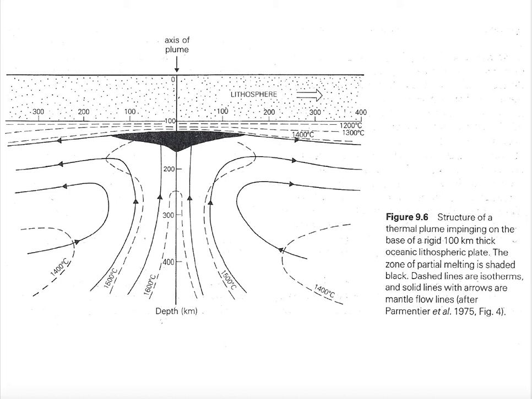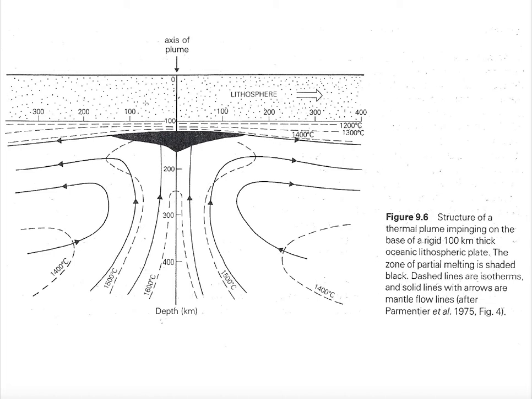So what have we here? We have the structure of the thermal plume impinging on the base of a rigid 100 kilometer thick oceanic lithospheric plate. If we are talking about a 100 kilometer thick oceanic plate, that means that is already an old one, an old plate which has already cooled down quite a lot.